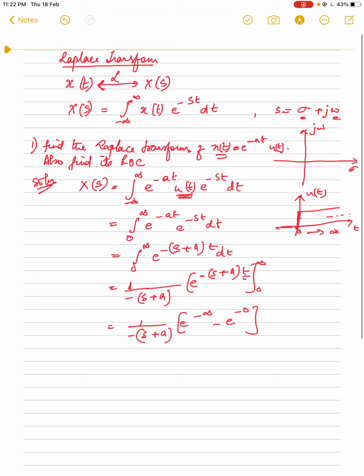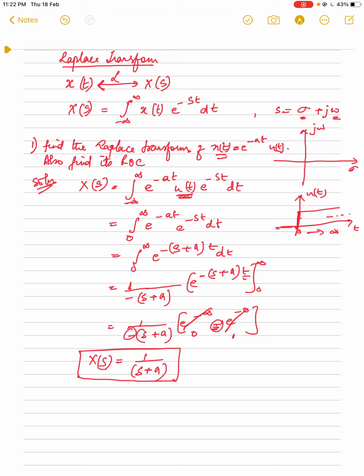E to the power minus 0 and e to the power 0 is same. So this will become 0, this will become 1. So this negative and this negative will get neutralized. So I'll get 1 by s plus a. X of s is equal to 1 by s plus a.